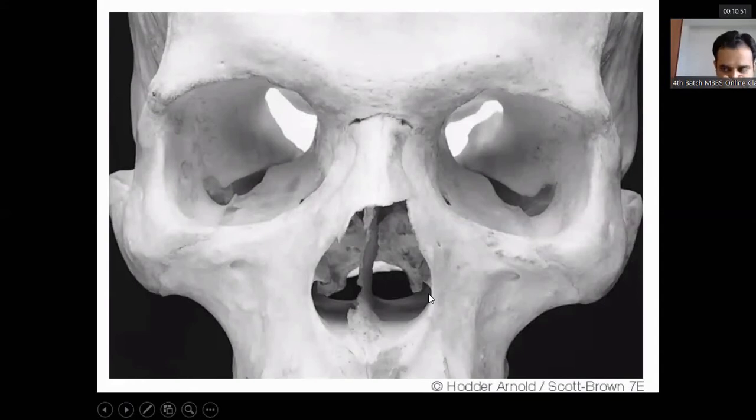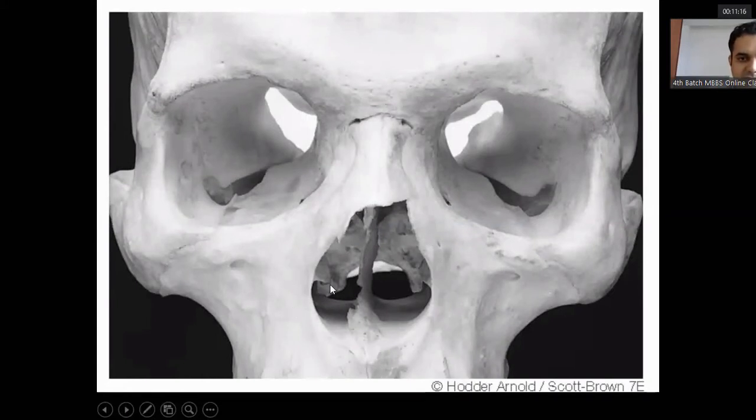Here is a diagram of the skull, and in the skull all the muscles, fatty tissues, nerves, and blood vessels have been taken out, and this shows only the bone. Here you can see the orbit, and here you can see the septum. This part is called the pyriform aperture.